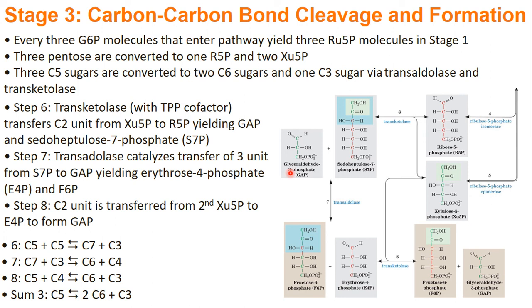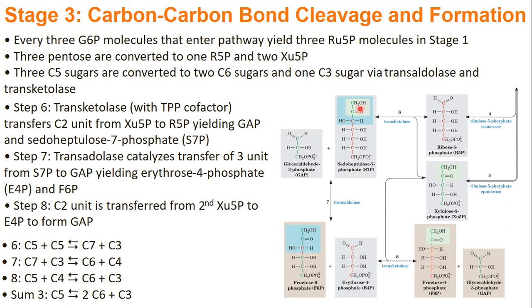Right? Now, once we made that, our next step is a transaldolase. We're going to take 3 carbons from our S7P and give them to our GAP. When we do that, we're left with a 6-carbon fructose 6-phosphate and a 4-carbon erythrose 4-phosphate.